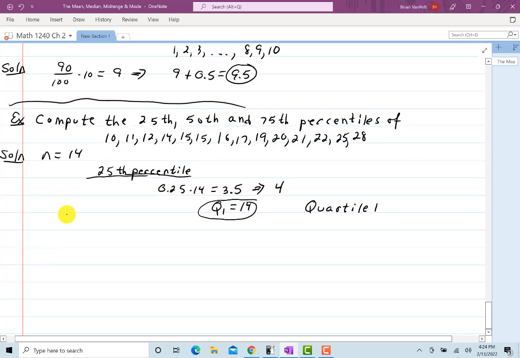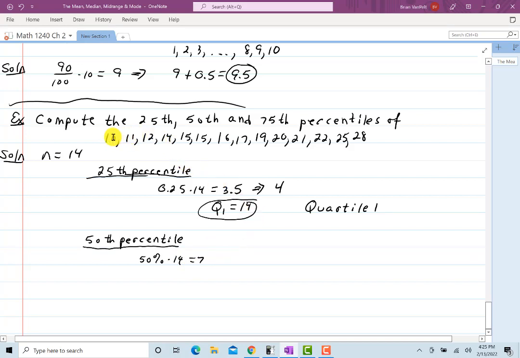Now, for the 50th percentile, what do we do in this case? Here we're going to take 50% times 14, which will equal 7. 7 is a whole number.